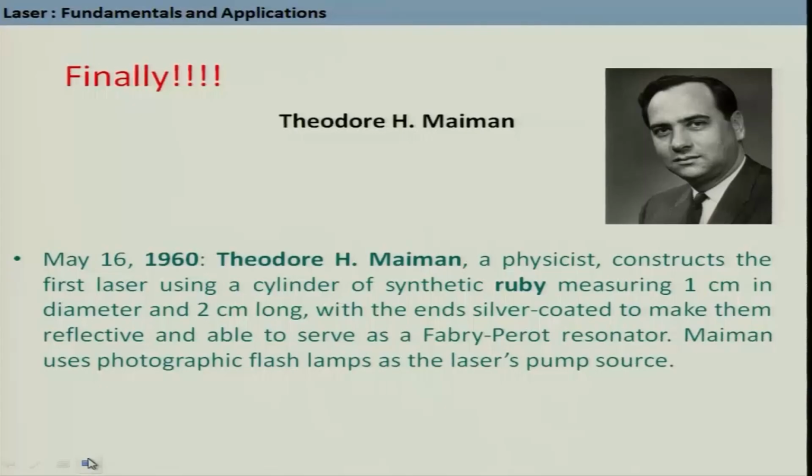Finally, in 1960, a physicist called Theodore Maiman ultimately got lucky and made the first optical laser. He used a crystal of ruby to get an output in the visible range, at 694 nanometers, and got it to laze.